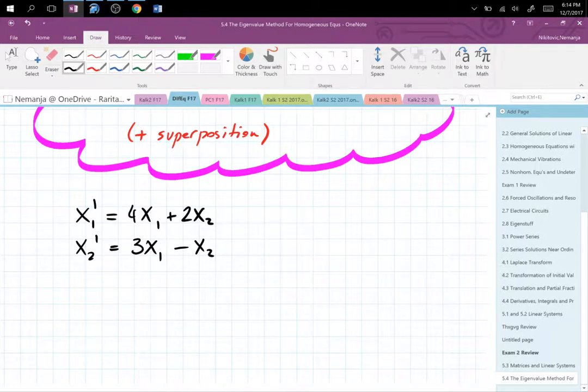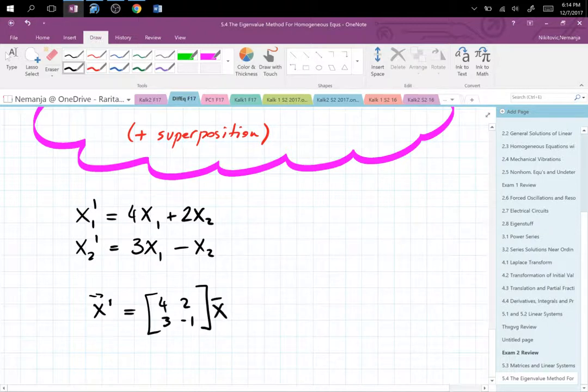We are going to create all of the matrices that we need. So we have the derivative matrix is equal to matrix A, 4, 2, 3, negative 1, times the matrix of solutions, which is the matrix X. Now, we discovered that the matrix A is 4, 2, 3, negative 1, and that's the one we need.